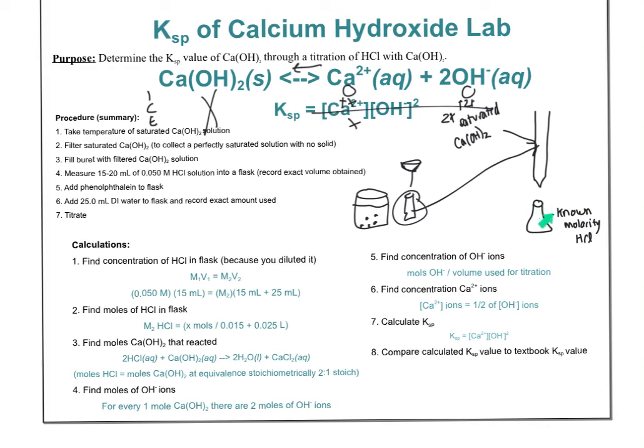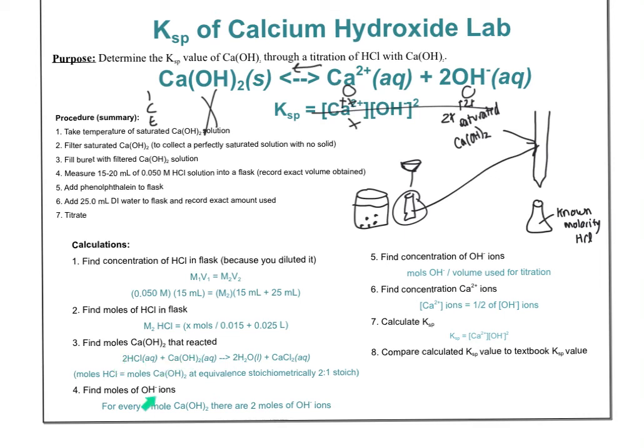So we look for the color change. And we know that if I know the molarity of this, if I know the moles of H+ in the flask, then I know how much Ca(OH)2 is in the burette. So you found how much Ca(OH)2 reacted because of the 2-to-1 stoichiometry ratio, so 2 HCl to 1 calcium hydroxide.